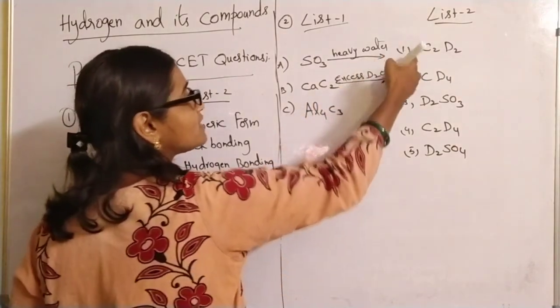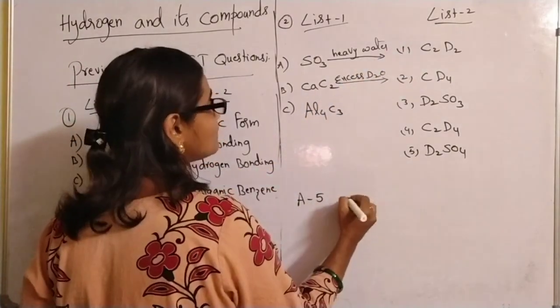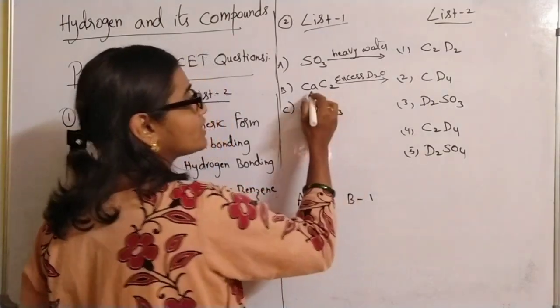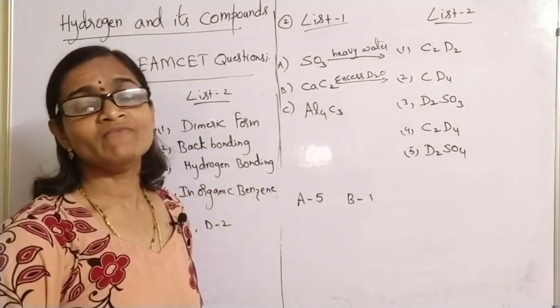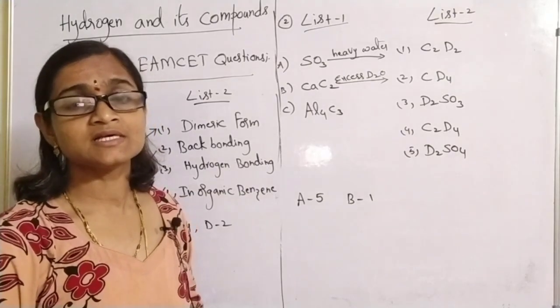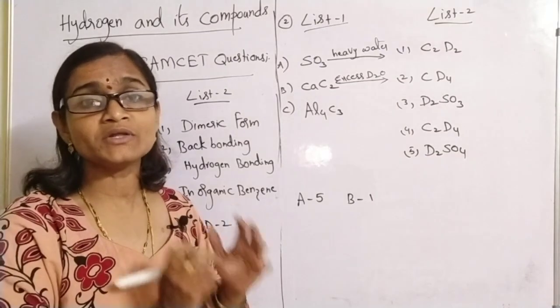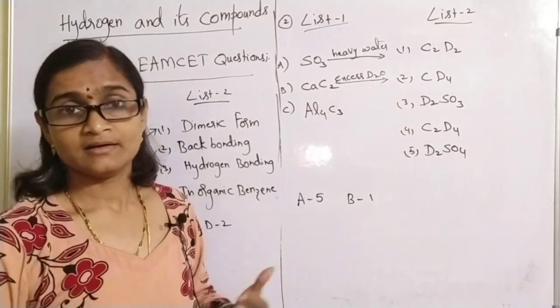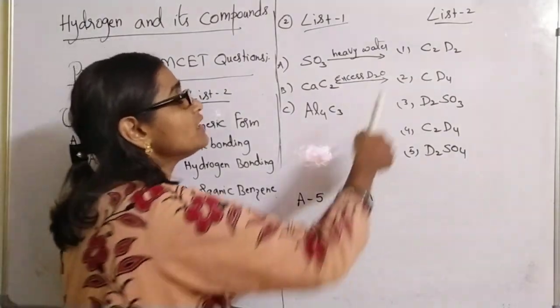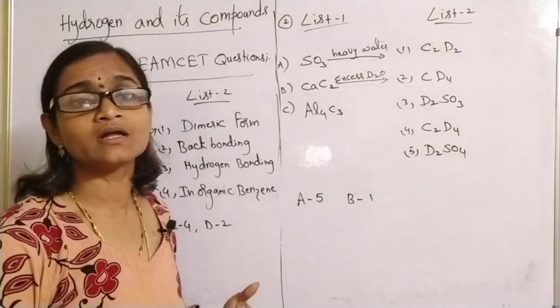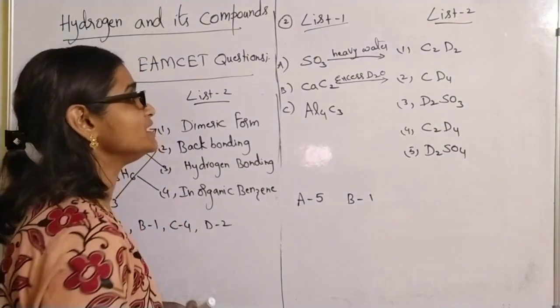Then it gives acetylene gas. So for option B, 1 is the correct answer. But with heavy water, you will get deuteroacetylene. C2D2 means deuteroacetylene. Please remember.